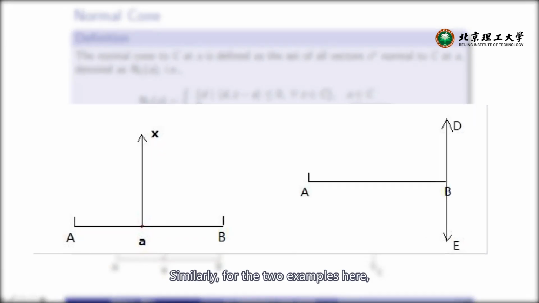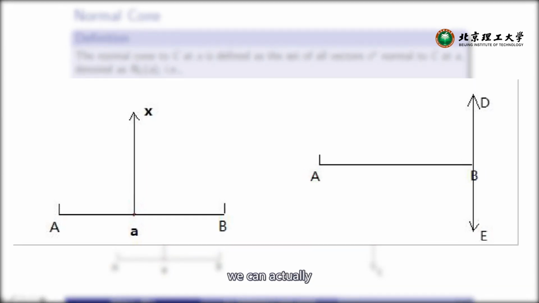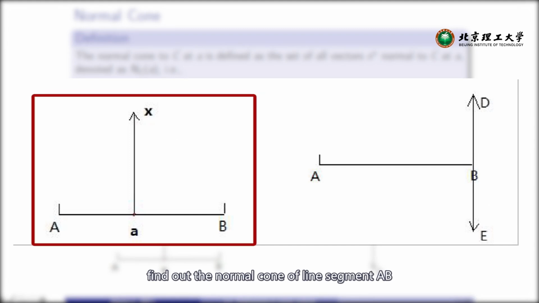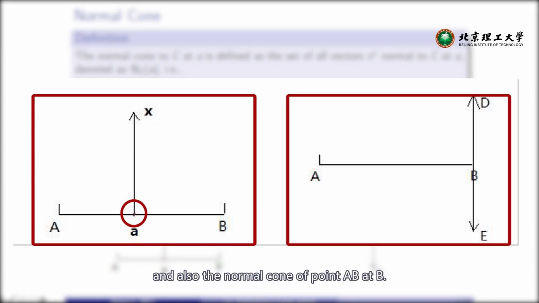Similarly, for the two examples here, we can find out the normal cone of line segment AB at point A, and also the normal cone of line segment AB at B. I think we take the second example to take a look.